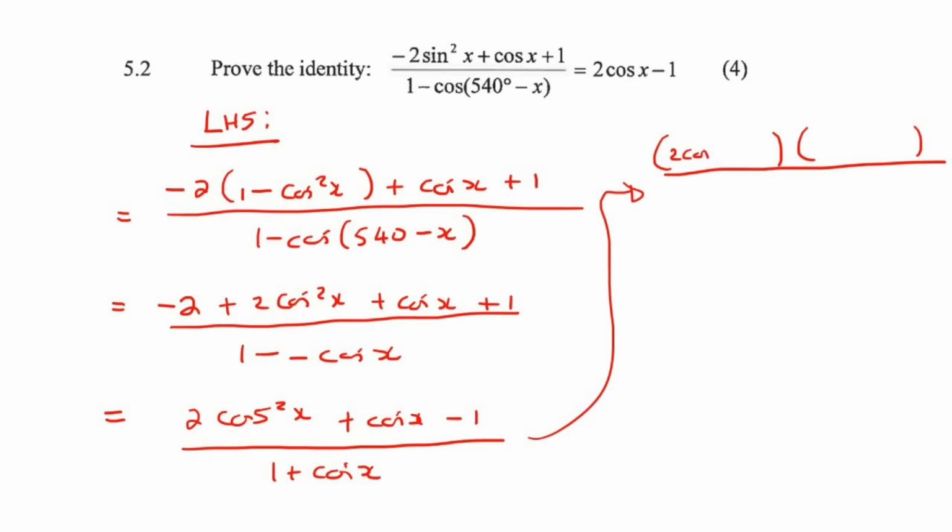It's probably going to be a 2 cos x here, and then a cos x over here, and then a 1 and a 1. You might have to pause and just figure this one out for yourself, but it's going to end up being a plus there and a minus there. And then at the bottom, we have 1 plus cos x. Now, these two are the same. The order doesn't matter when you plus, so we cancel them out, and then we can say, therefore, the left-hand side is the same as the right-hand side, because we've got it over there.